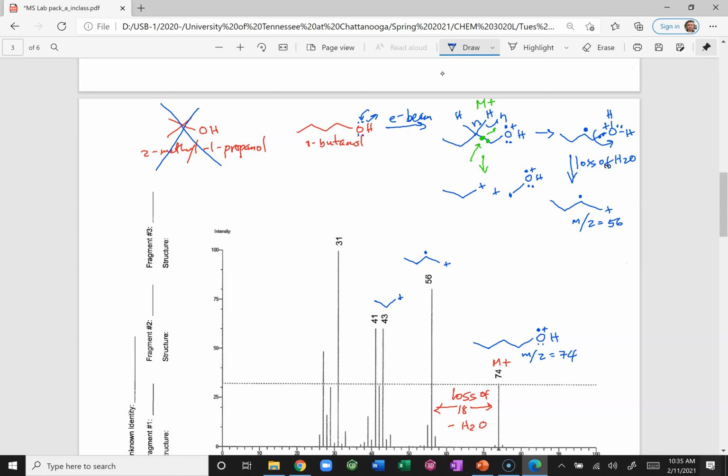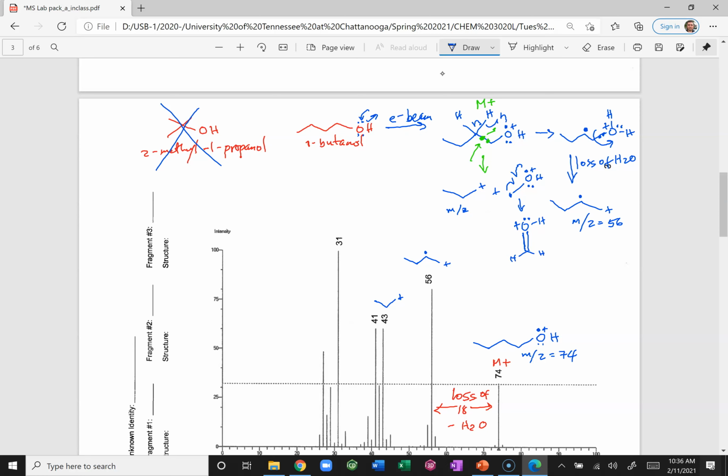And which one will be? So this will be a mass to charge ratio of 43. And this one will be how much? Notice that you can do this. Now you have a double bond oxygen with a plus, one lone pair, and an H. And so here you have 3 hydrogens because there's 2 here.